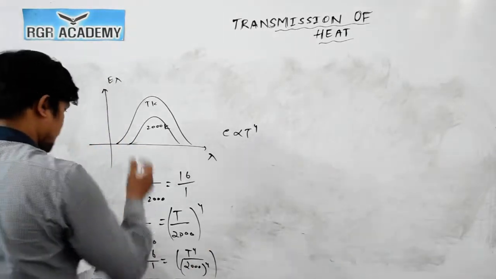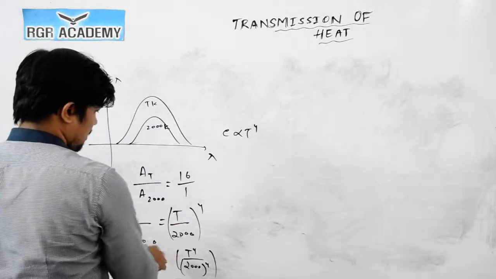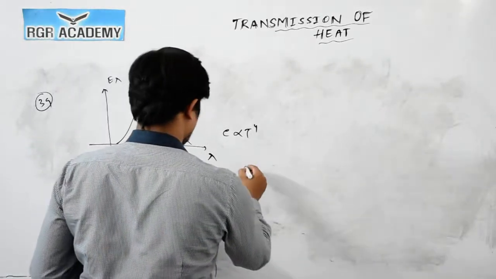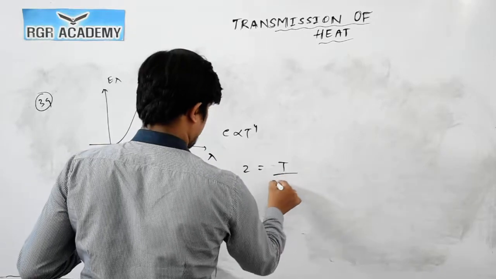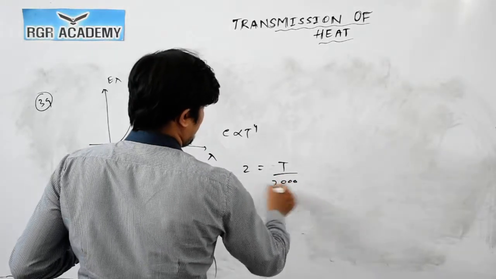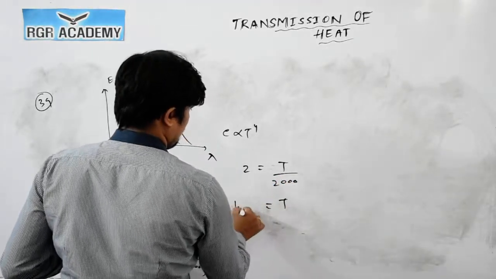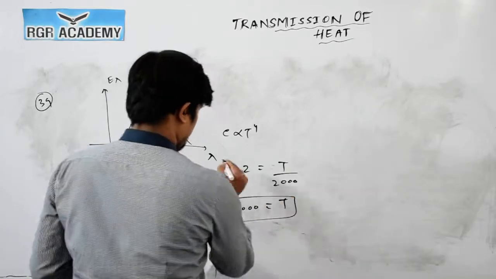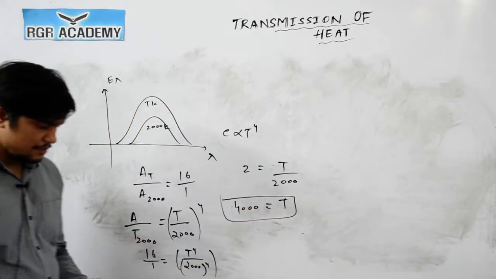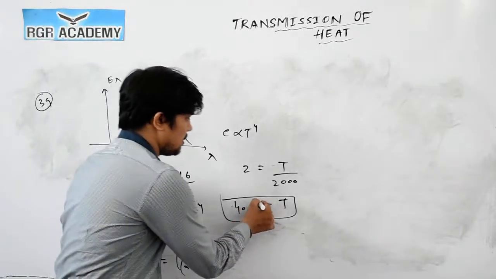Now we take the power 1/4, so it equals 2. So 2 equals T divided by 2000, so T will be equal to 4000. If you see the options, option number 1 is correct, 4000 Kelvin.